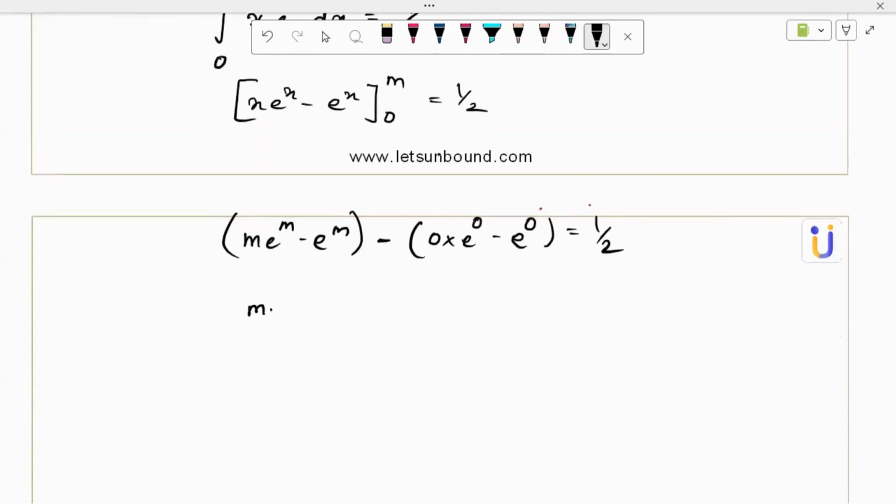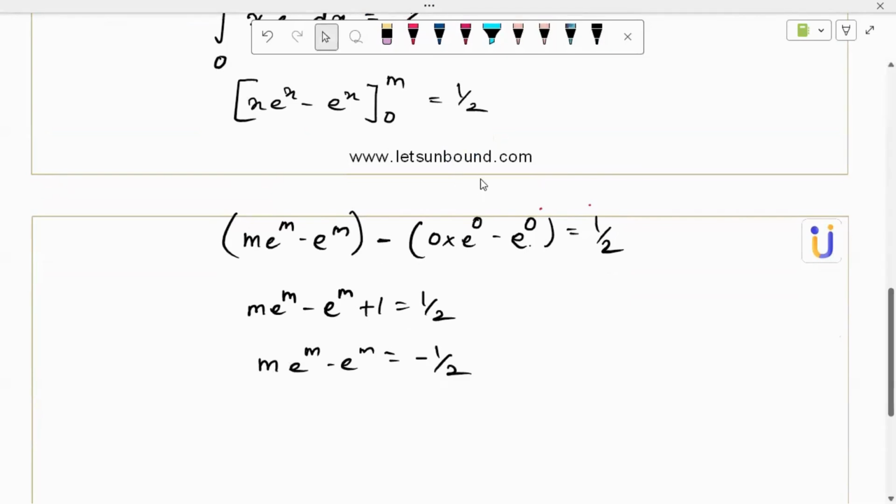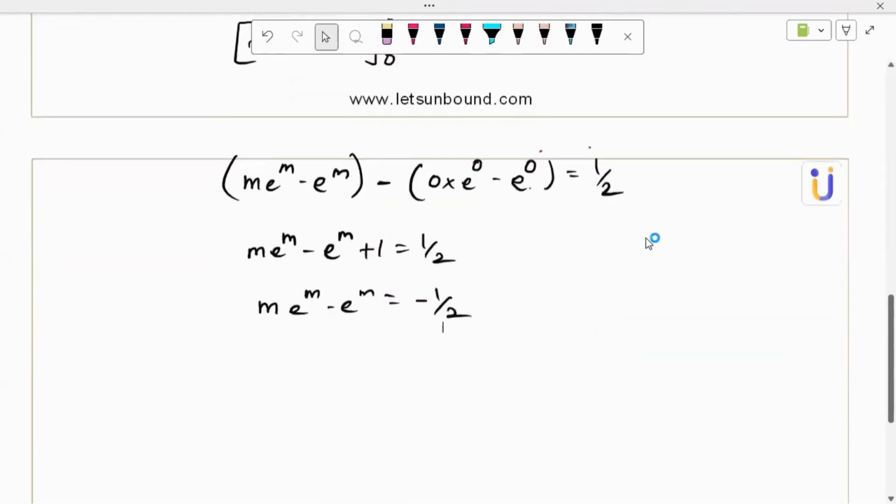So m e power m minus e power m, this is 0 and this is minus 1, which goes to plus 1, equal to half. M e power m minus e power m equals half minus 1, which is minus half. Now we can go with the equation solver. We can evaluate our m value, right?